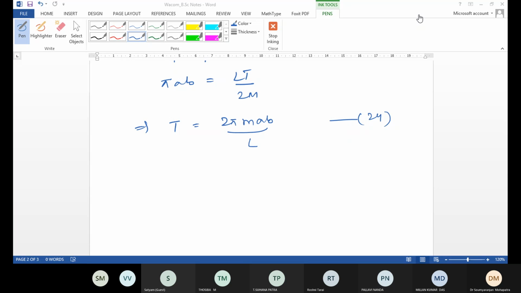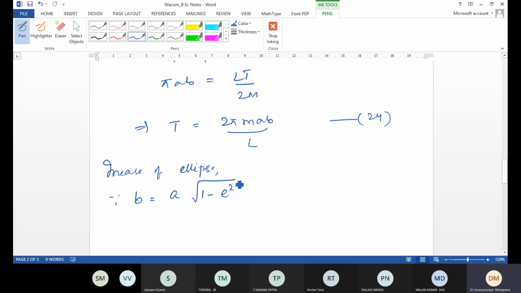Okay. So T is equal to 2 pi MAB by L. So in case of an ellipse, let us find out the relation between A and B. Here we know that B is equal to A root over of 1 minus E square.